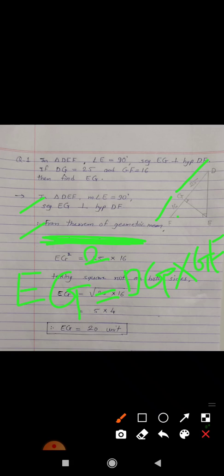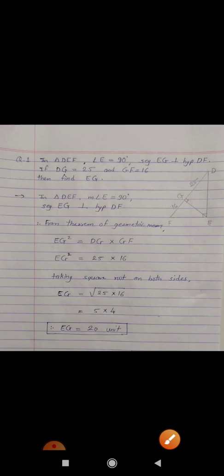So this is the statement. Next step, substitute values. Here we require only the value of EG, so I am taking the square root on both sides. You will get this statement. Now you can see 25 and 16 both are square numbers. So without multiplying I am just taking the square root. So 5 into 4 which is equal to 20.